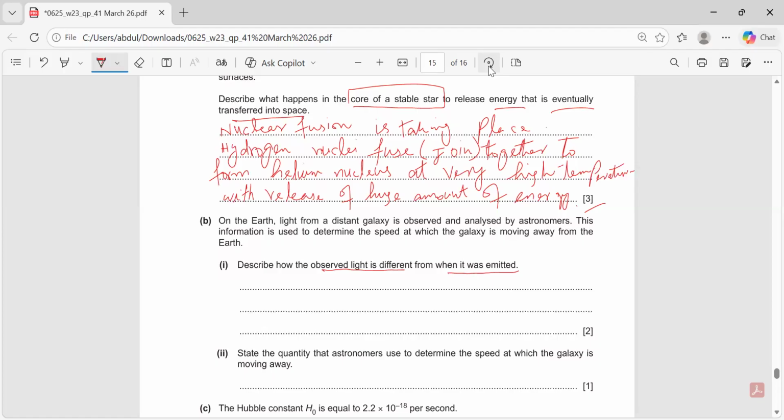So the difference is that the wavelength will be increased and it will be redshifted. That's 2 points, 2 marks. Redshift, Doppler effect. These things are very common in exams. So the observed wavelength will be larger, will be longer, and the light from the galaxy is redshifted. That's what we can say.